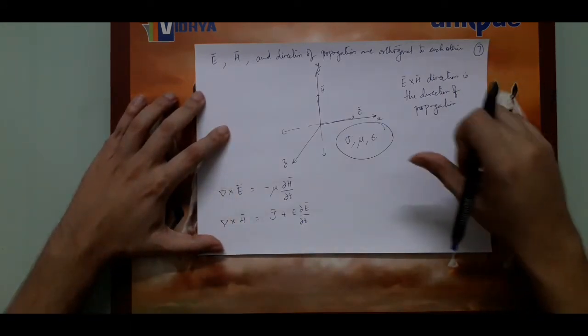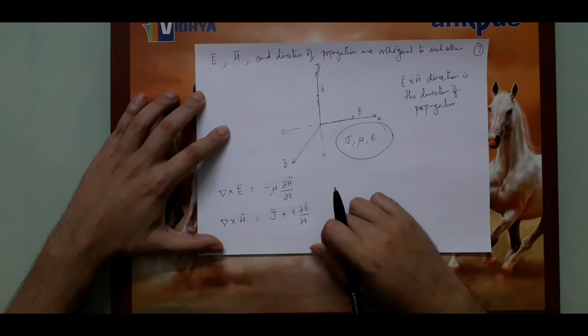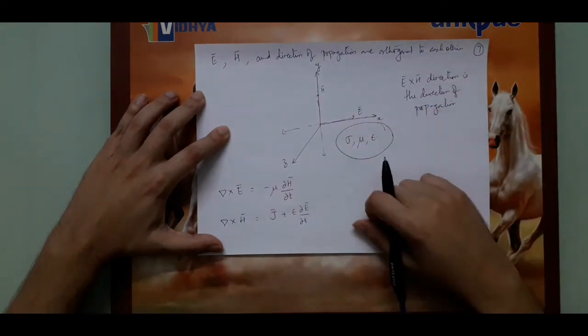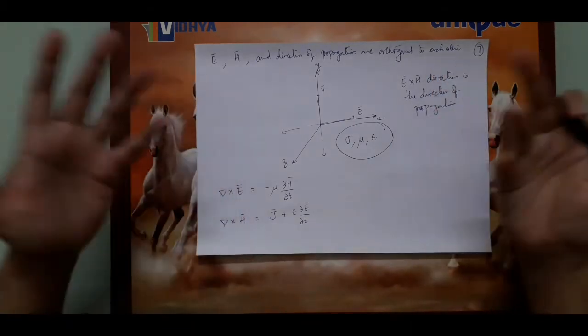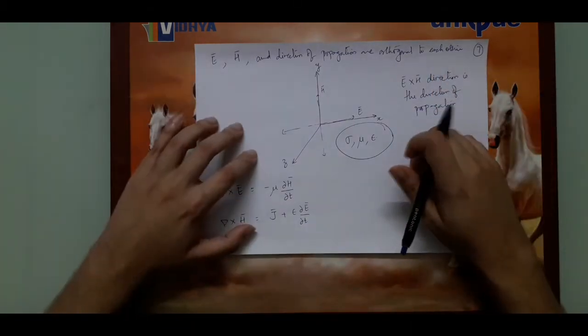So when E cross H is pointing towards the direction of propagation, so when we say a wave is propagating, what is propagating? There are no charges, for example, even though there may be charges in general, the wave cannot make those charges move. But let us say in a medium, even where there are no charges, the wave still exists. So what is moving? It is essentially the energy that is carried by the wave. So, or what we can call as power also, which is energy per unit time.